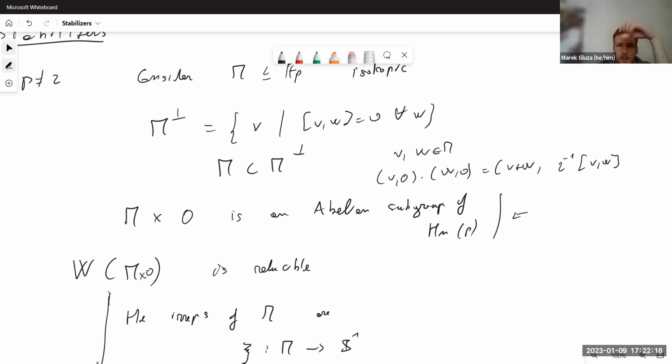Now what happens if we swap? This is 0 because M is isotropic, by assumption.